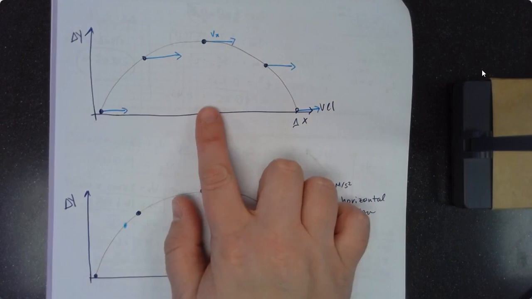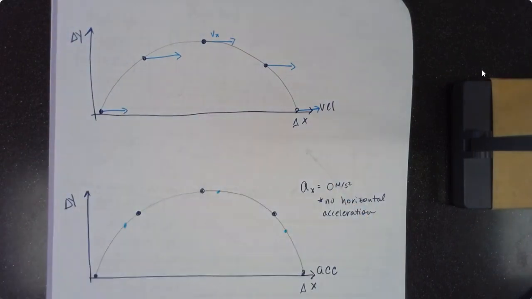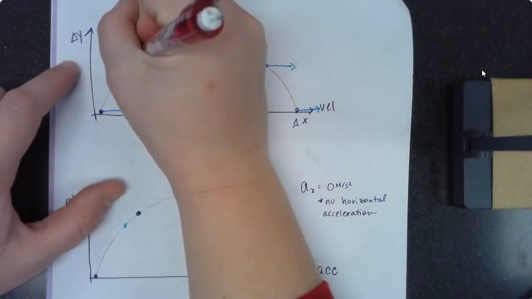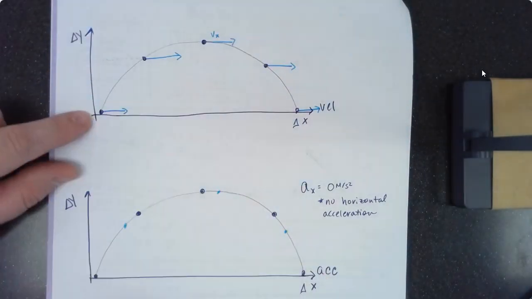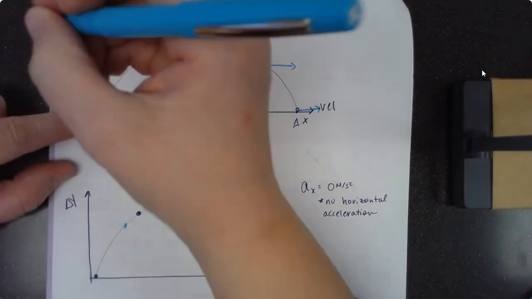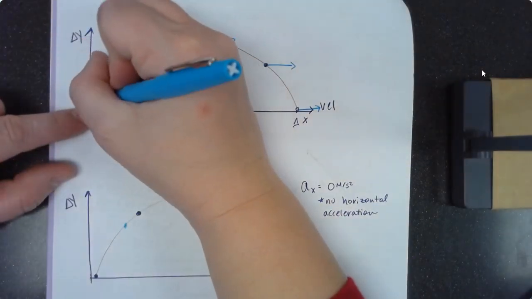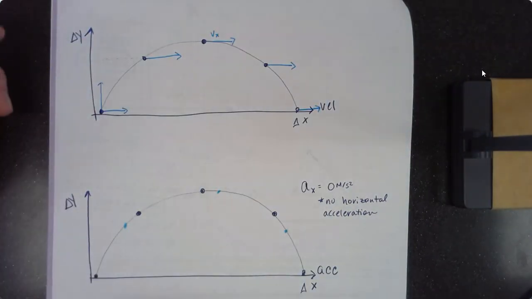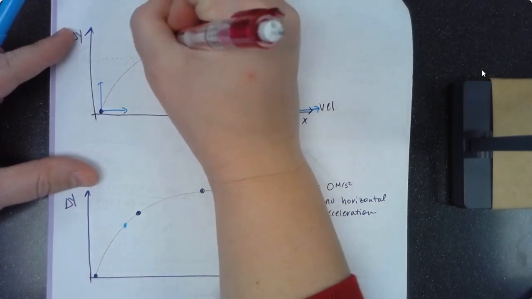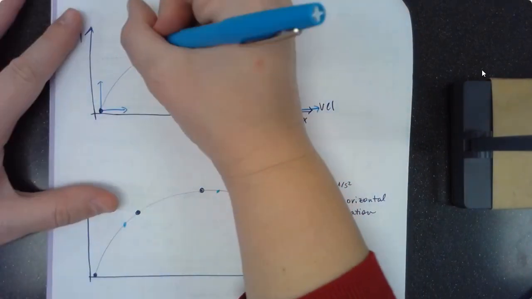For my vertical velocity, with velocity, we're going to indicate that by the length of our arrow, and the length of our arrow should be halfway between 2 points. So if I imagine that this dot is extended over above my first dot, I only want to draw a vertical arrow that goes halfway there. I could do the same thing with my next dot, halfway.